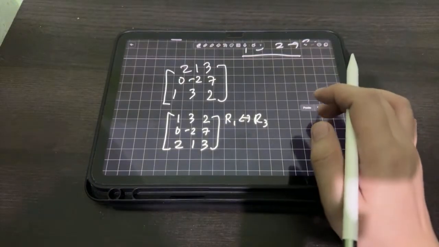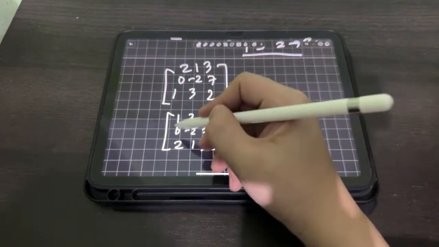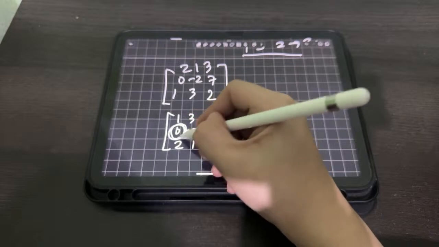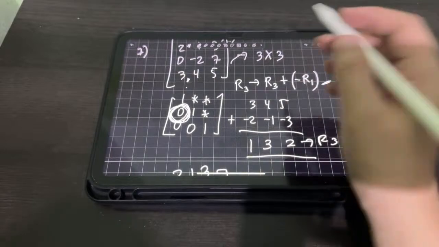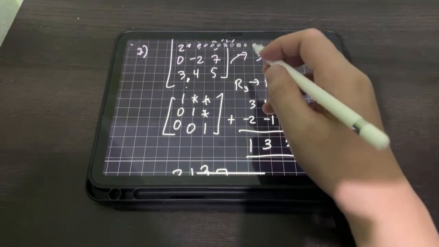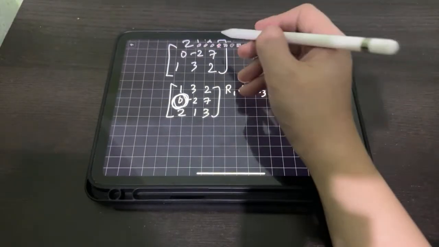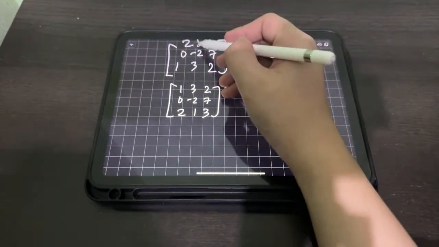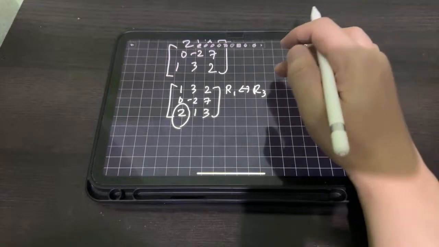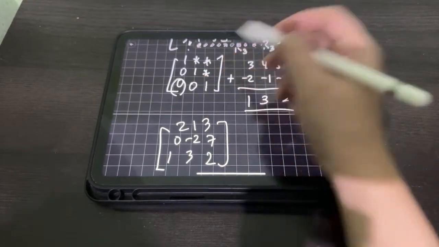Next. Okay. So we already have 0 entry here, which is this part. We don't need to do anything there. How about this one, this 2? We should convert this 2 to 0.